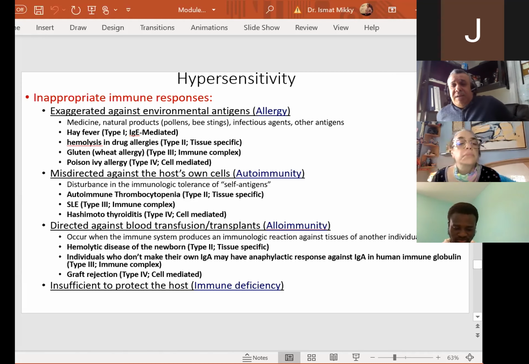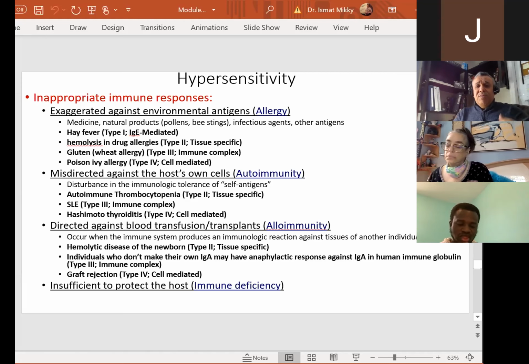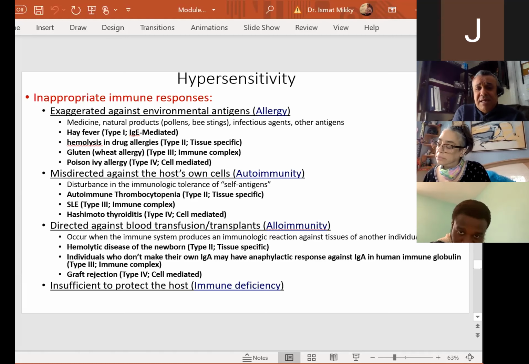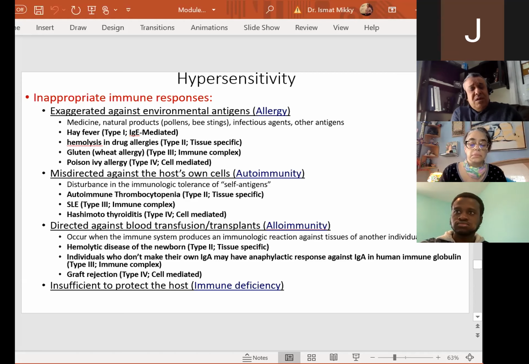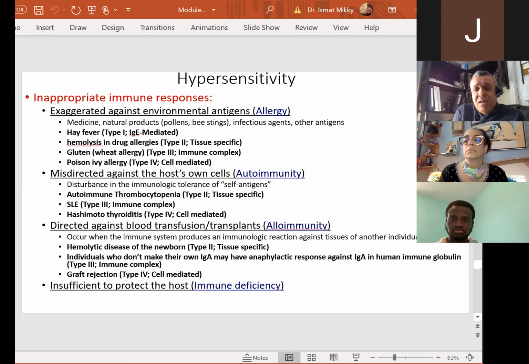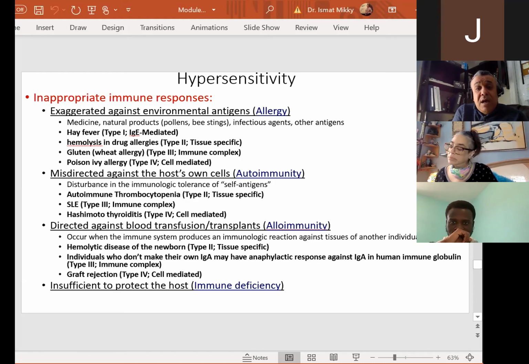There could be several reasons our immune system is not competent, which is immunodeficiency, or we call it immunosuppression. Cancer treatment, HIV by the virus itself.